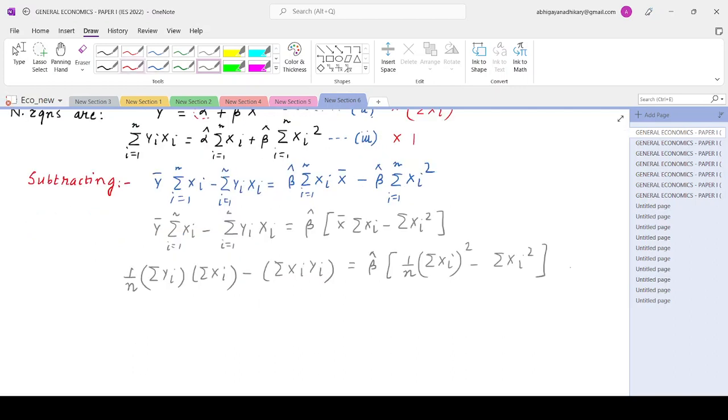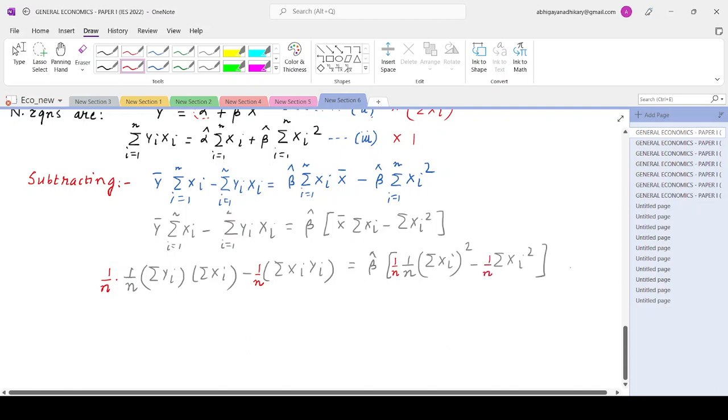So now if you simplify it a little bit more, if I add another 1 by n over here, so this will go over here, another 1 by n over here, and 1 by n over here.